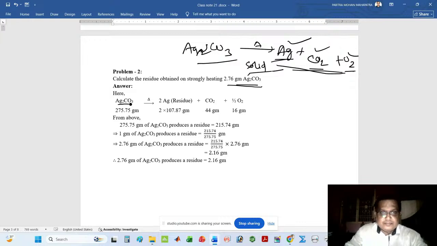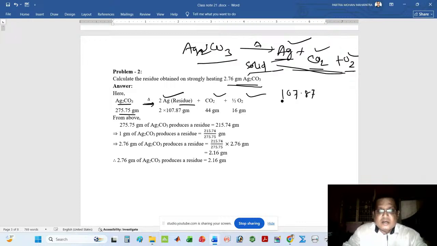Ag2CO3, when subjected to heating, gives 2 Ag, that is the residue, plus CO2 plus half O2. Then what is the relation? 275.75 gram. Silver has atomic mass 107.87.